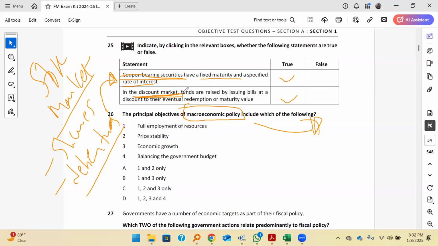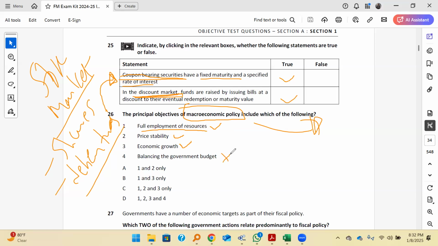So what are they trying to do? They want to make sure there is full employment of resources. That is correct. They want to ensure economic growth. That's correct. And then also price stability. That's correct. But balancing the government budget is not.